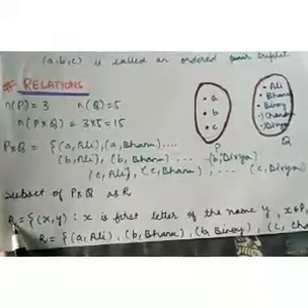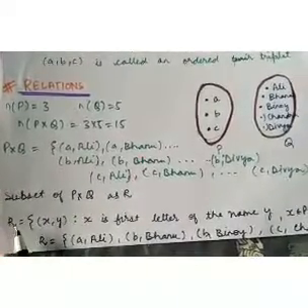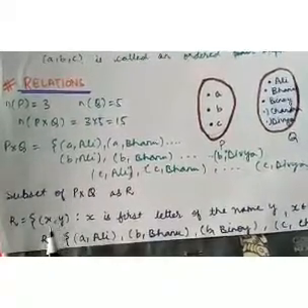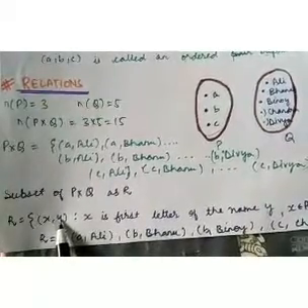Therefore, in relation R, we will talk about all those ordered pairs (x, y) in which x is the first letter of the name y.